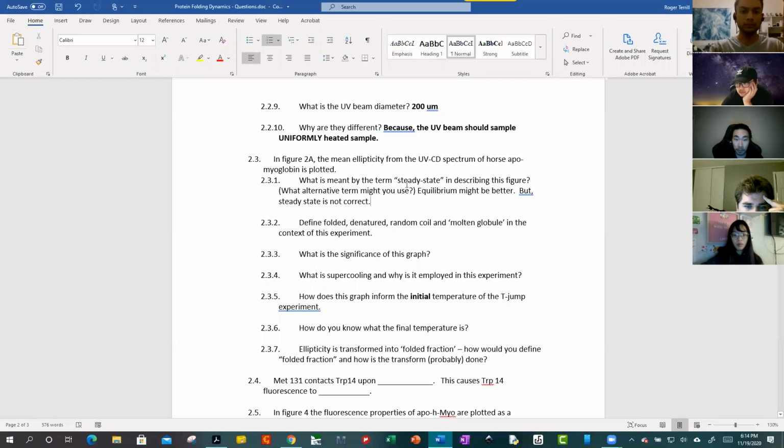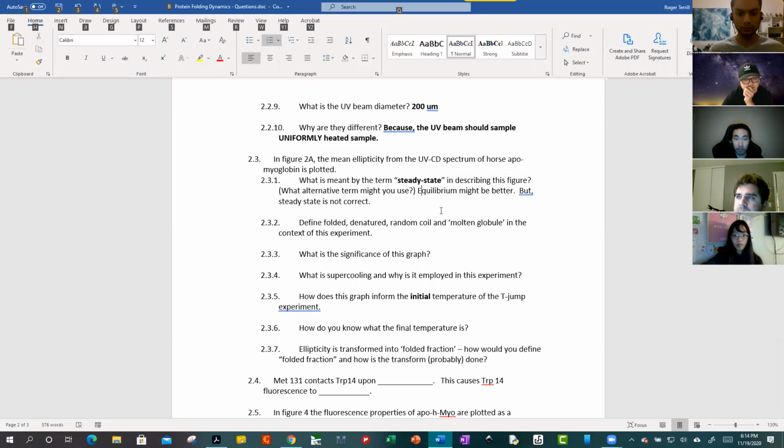Now we go on to these so-called steady state measurements. Okay? And steady state is a slimy description. I'm not really being super critical of the paper, but let's look at these words and see what I mean by slimy. Steady state has a particular meaning.